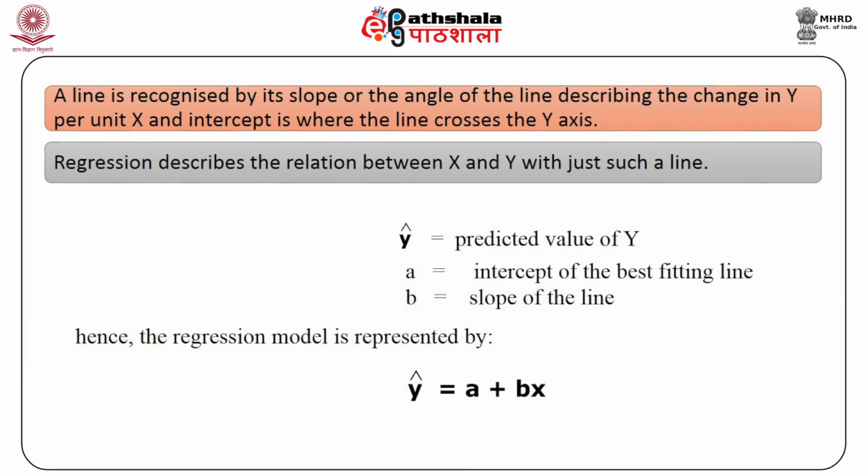A line is recognized by its slope, the angle of the line describing the change in y per unit of x, and the intercept, where the line crosses the y axis. The regression describes the relation between x and y scores with just such a line, where y dash is the predicted value of y, a is the intercept of the best fitting line, and b is the slope of the line.